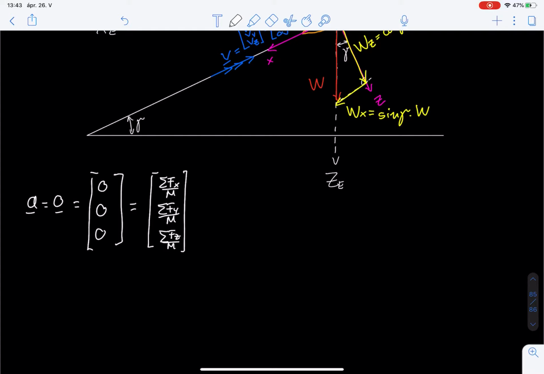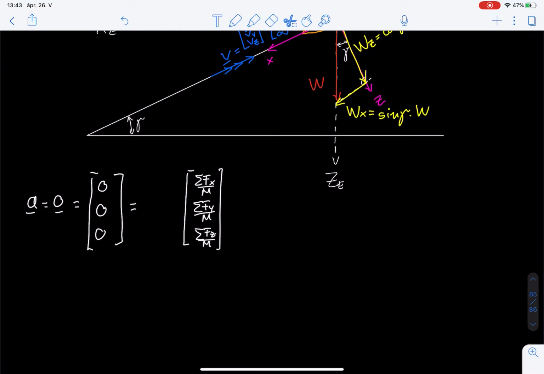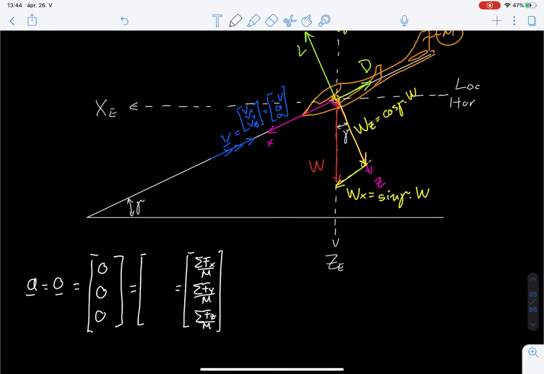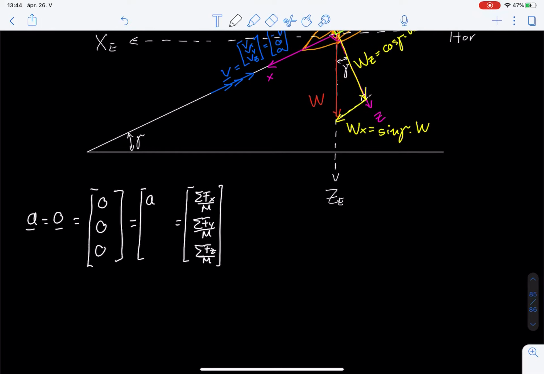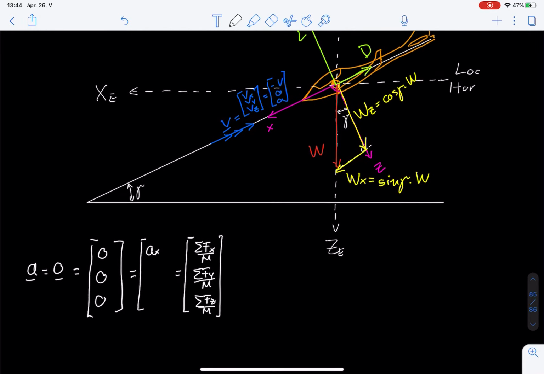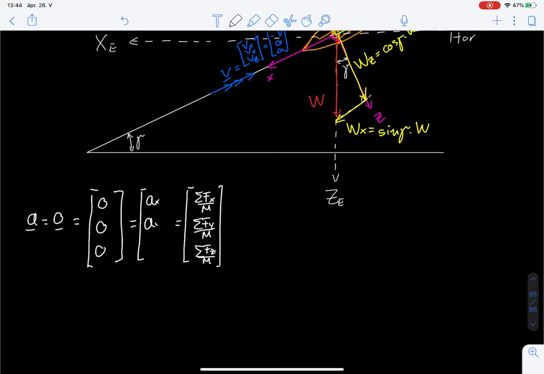Because I think it's easy to see why. Let me elaborate a little bit on this one. So this one is true essentially because if we want to break down the acceleration vector in the aircraft's coordinate system, it's going to be given to us by an acceleration parallel with the longitudinal axis, an acceleration parallel with the y-axis, and an acceleration parallel with the z-axis.